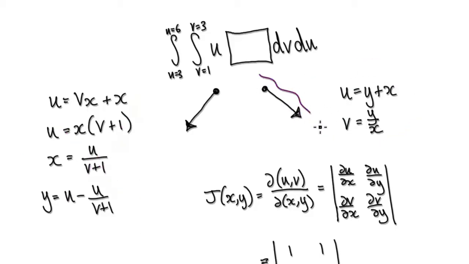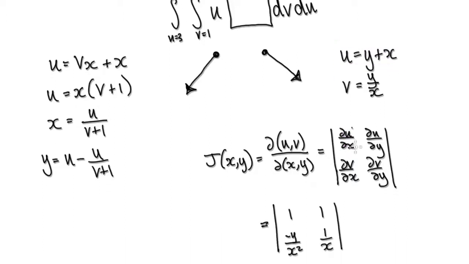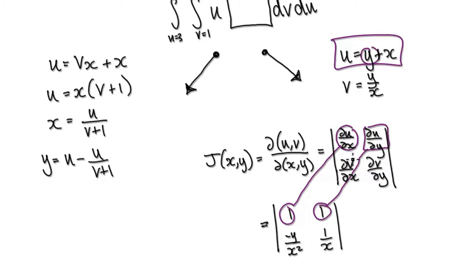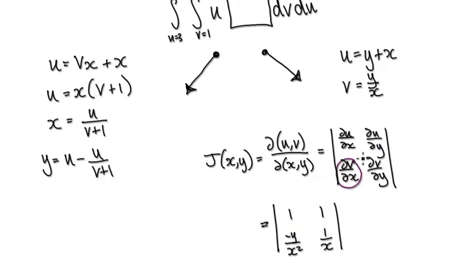So going this route, we now need to work out our Jacobian. The Jacobian is: differentiate u with respect to x. That's simply 1. Then differentiate u with respect to y. That's simply 1. And then differentiate v with respect to x. When you differentiate this with respect to x, that will give you this.